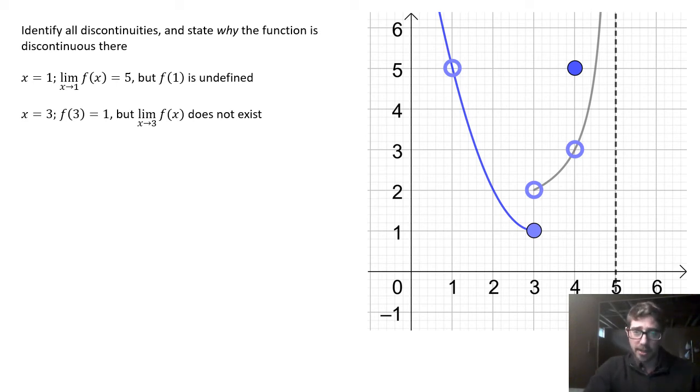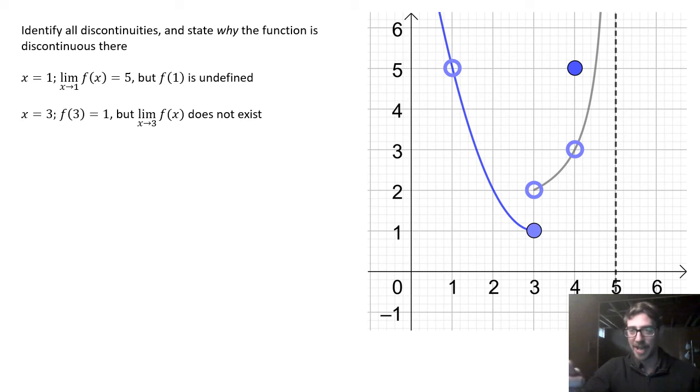Okay, now at x equals 4, we see that weird hole where the function's defined elsewhere. So we're close here because f of 4 is 5, right? So the function's defined. The limit as x approaches 4 appears to be 3. So the limit is also defined and the limit exists, but 3 is not 5.